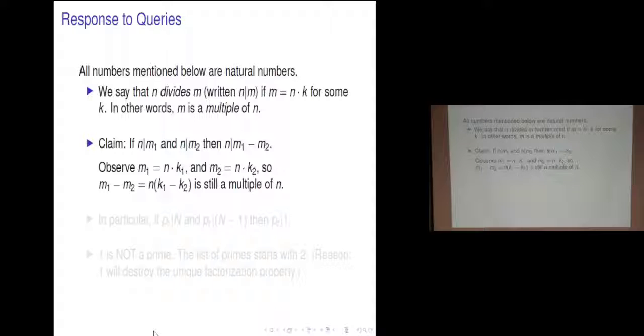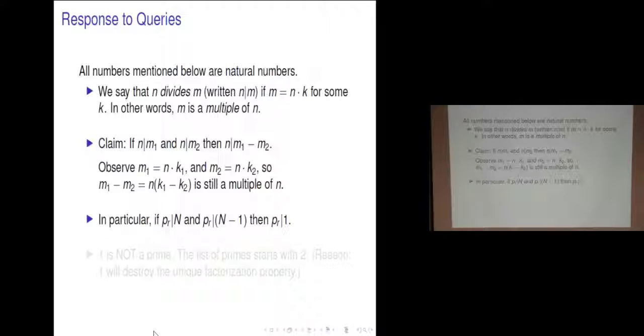Now this is the source of the query. In the proof of Euclid's theorem, we pick some prime number called P sub r. The capital N is the funny number, a product of some primes plus 1. In particular, P sub r divides N, and P sub r divides N minus 1.